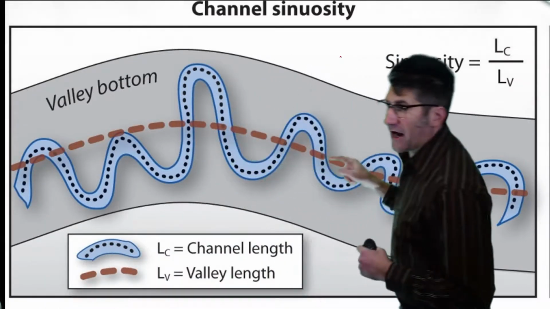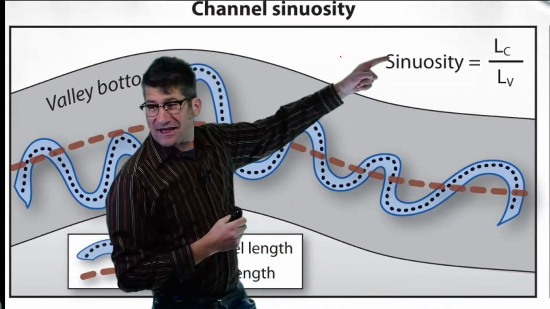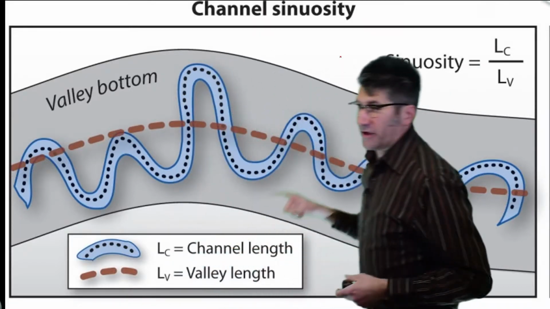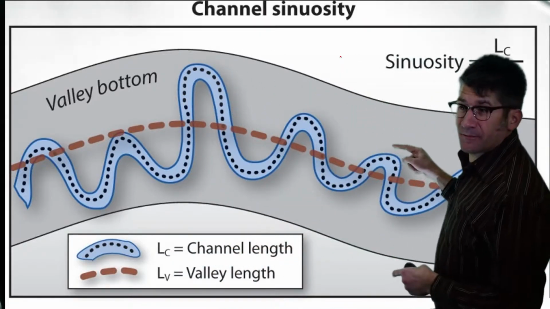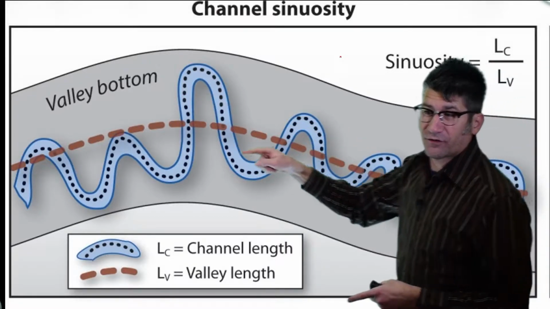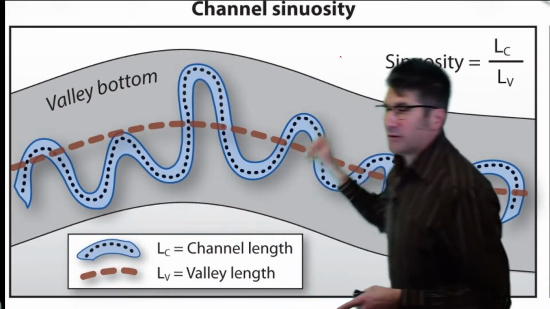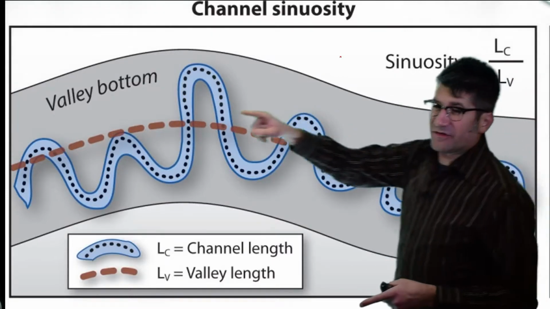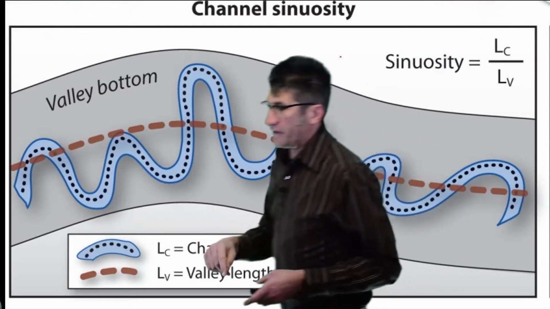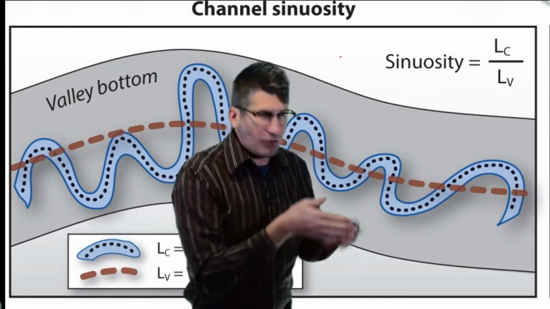Here, how we actually measure channel sinuosity is by taking the length of the channel and then dividing it by the length of the valley. So here I've got my channel, the actual channel itself, so we can measure that length with all those curves, those meanders going all the way up and around. There we go. So that would be our channel length. And then we just divide that by basically a straight line down the valley, that valley length. And that allows us to start to say whether a channel has lots of these curves or if it's relatively straight.